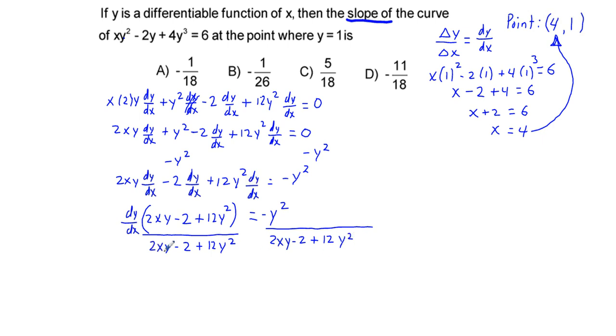And then we have a cancellation on the left, so we're left with simply dy/dx is equal to negative y squared over 2xy minus 2 plus 12y squared.